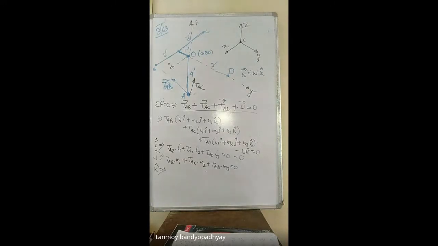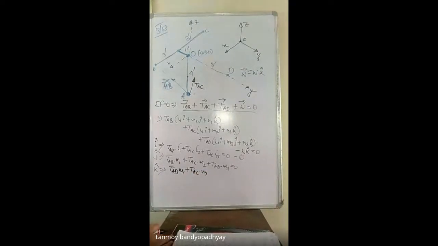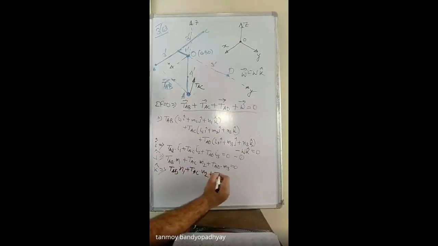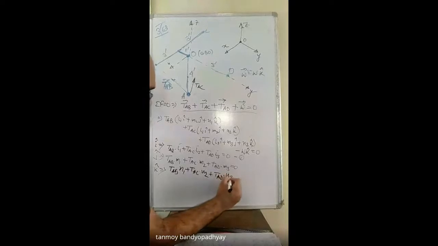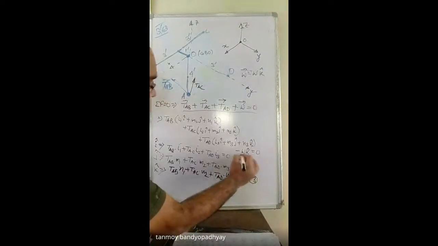Equating the coefficients of K cap, we get TAB into N1 plus TAC into N2 plus TAD into N3, that is equal to 0. So this is equation number 2 and this is equation number 3.